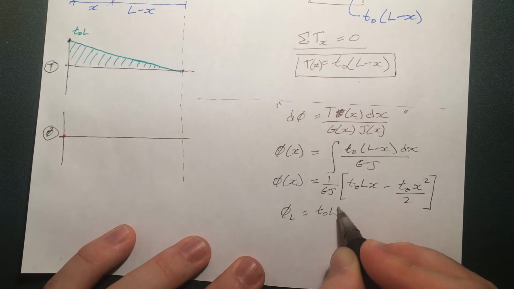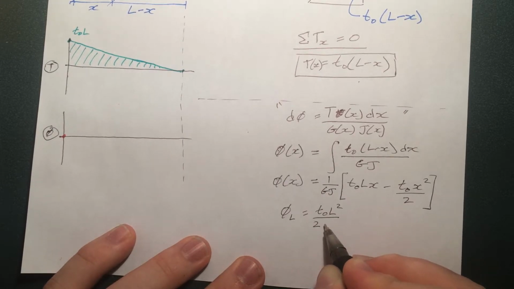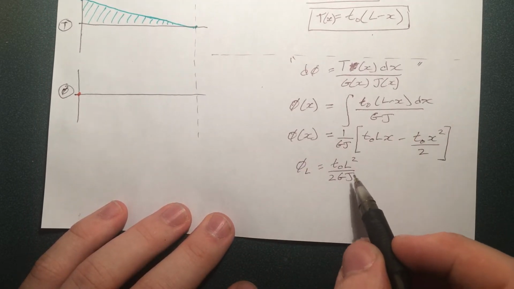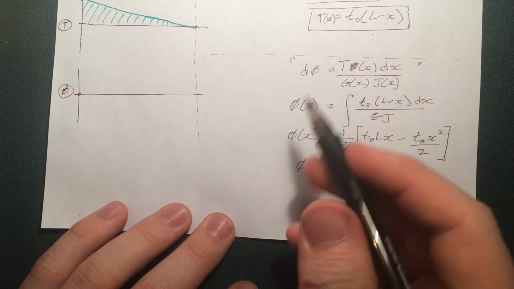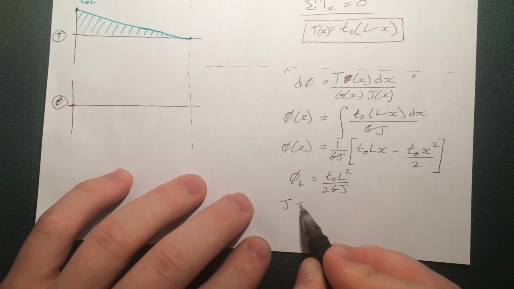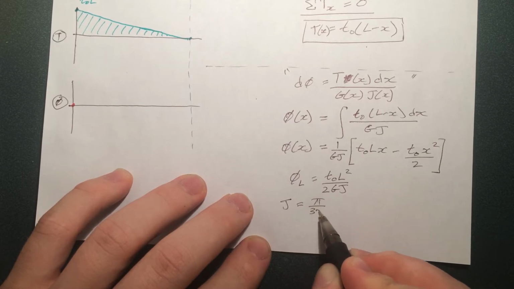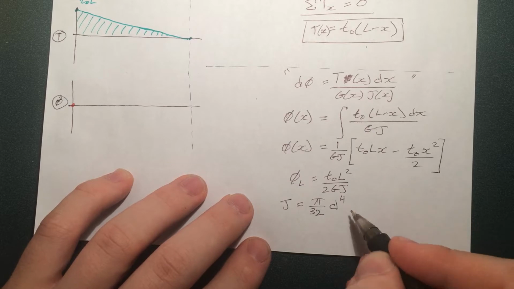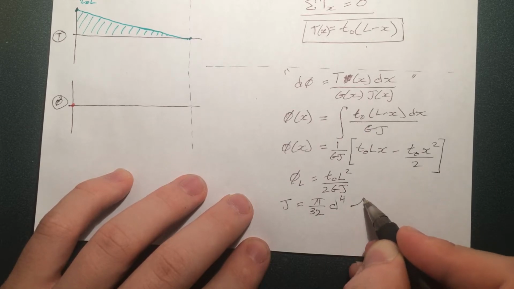T naught L squared over 2GJ. Alright, now this isn't an explicit answer because we haven't expressed J in terms of the variables we know. Alright, but we know that for any circular cross-section, J is, alright, so we take this, we plug it back in here, and we're just going to resolve that.